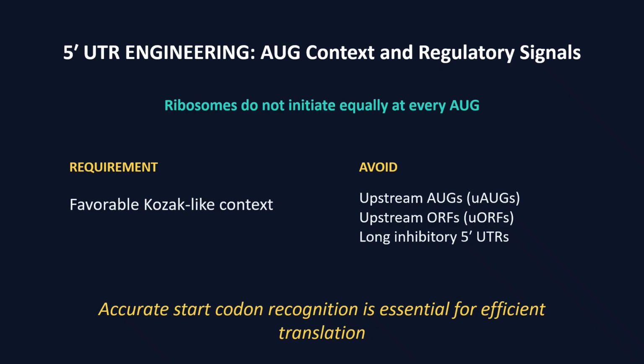Additional upstream AUGs can divert scanning, and an upstream open reading frame can reduce translation of the main protein. So effective 5' UTR design not only supports scanning, it ensures that initiation occurs at the correct location.